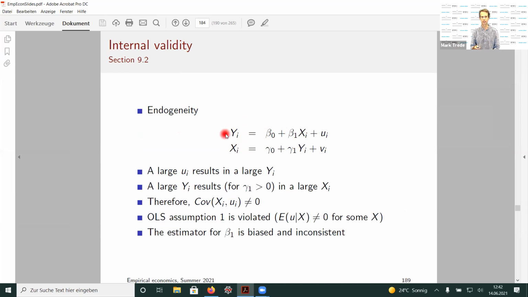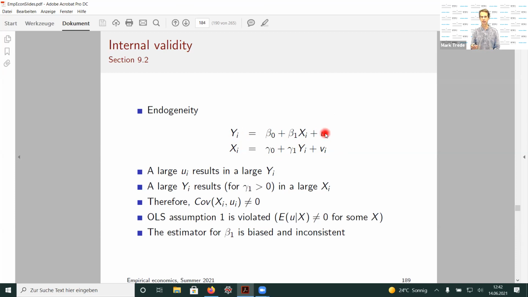So we have Y as a linear function of X, and we have an error term here. But suppose there's also a causal effect in the other direction, running from Y to X. Why is that a problem? Well, let's have a look. Let's assume that the error term is, in one observation, surprisingly large.